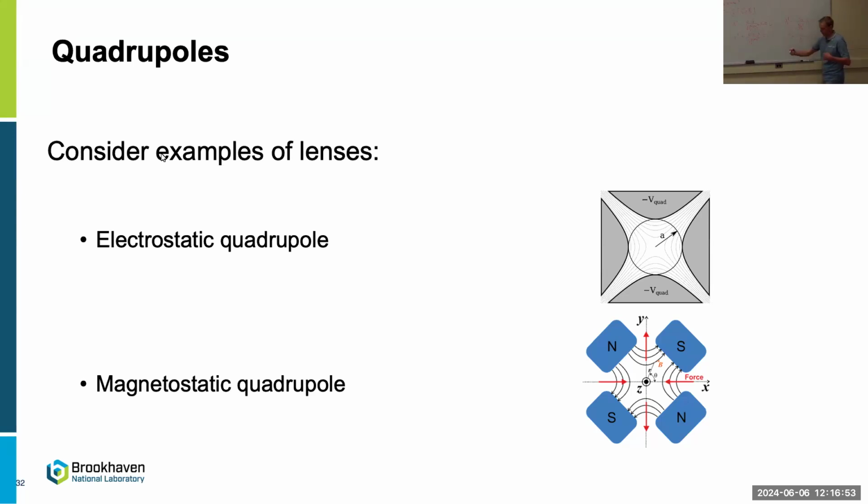Within the quadrupole, the equation of motion is given by this simple harmonic oscillator. Outside of the quadrupole, it's a drift. We have to remember this. The solution of this simple harmonic oscillator again can be expressed through a matrix equation.